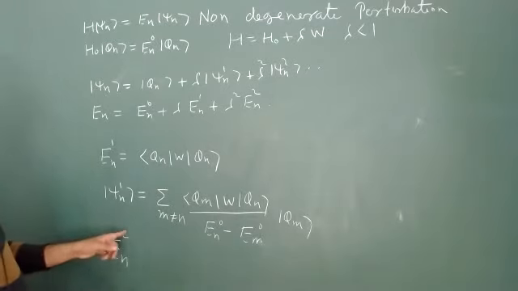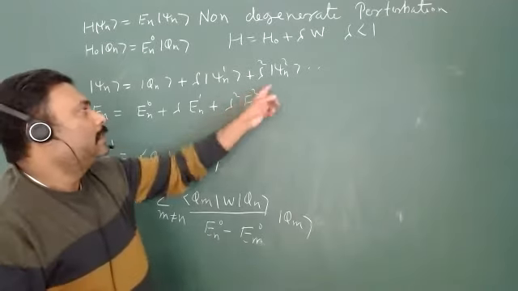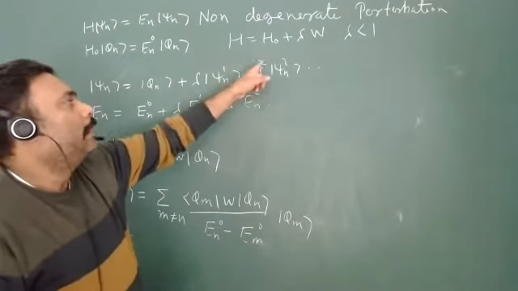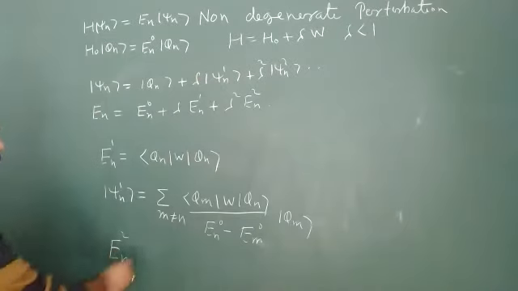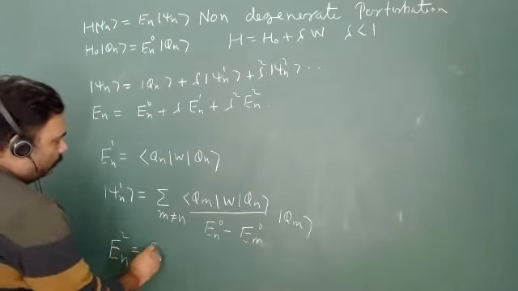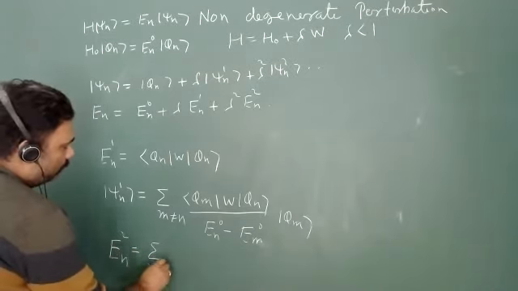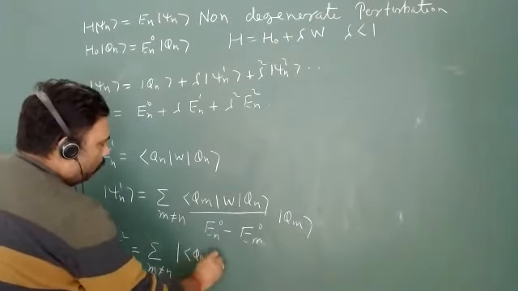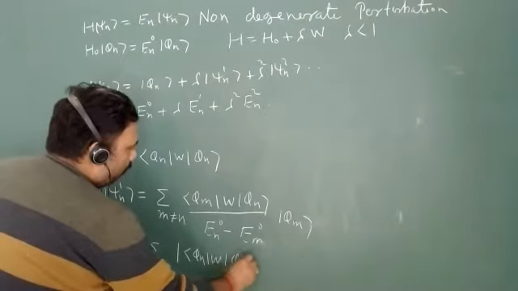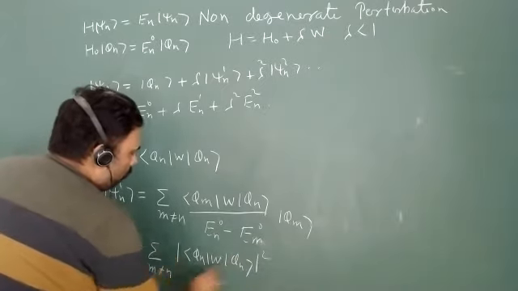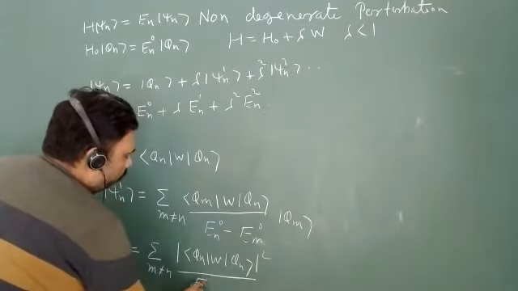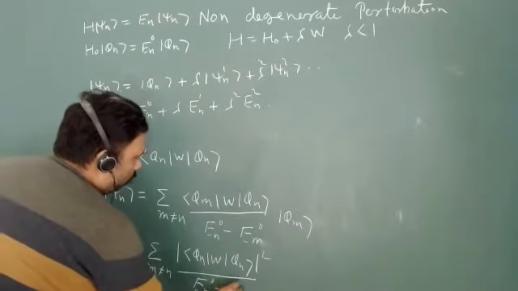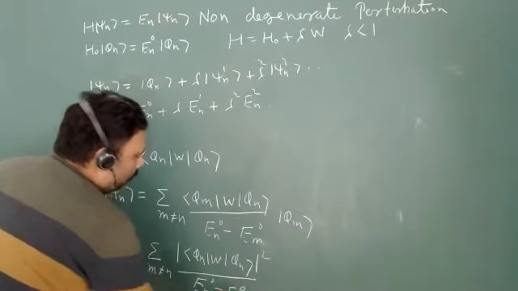This is the second order correction, or the correction up to order lambda square, and the expression is more or less the same. This will be the mod square of phi m W phi n, and here we have En0 minus Em0.